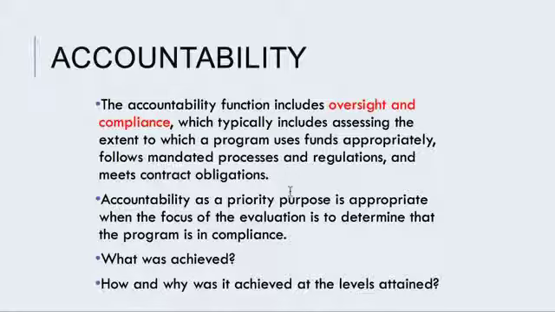But the purpose often is to determine whether or not that's in compliance. So what was achieved and how and why was it achieved at the level attained, so that we can demonstrate that resources are well managed and efficiently attain desired results.